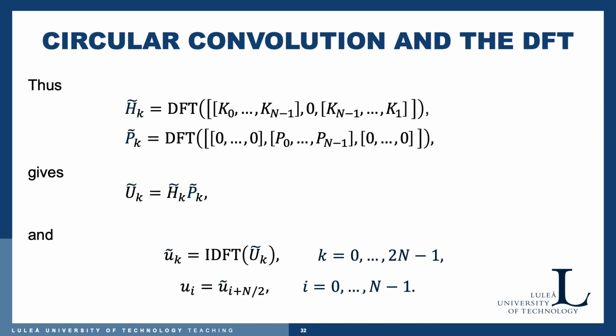So, summary: we have the transfer function, we have the extended pressure, and we get the extended deformation in the Fourier space by just multiplying these two.